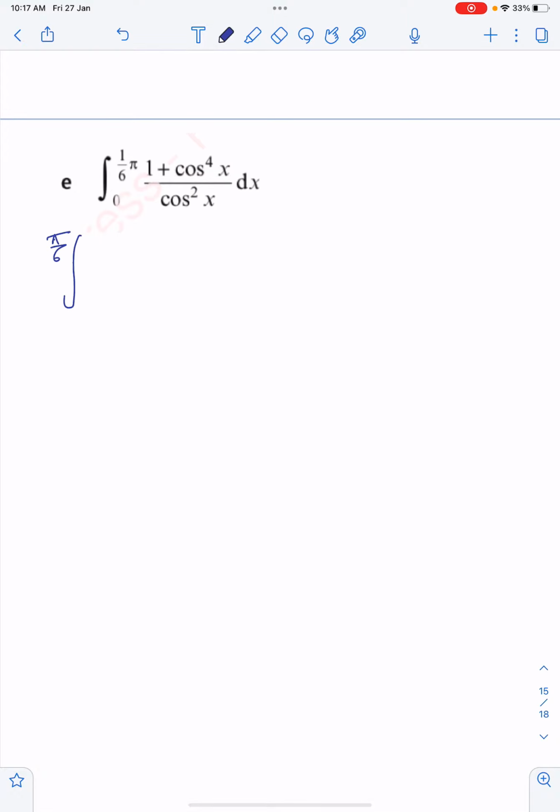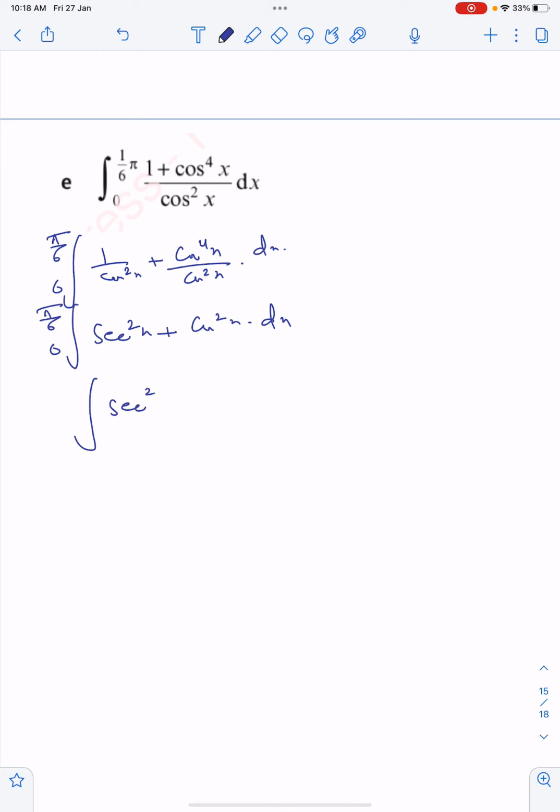It's pi by 6 and 0 here. 1 upon cos square x, I'm just writing it separately first, cos 4x upon cos square x dx. 1 upon cos square x is sec square x, and cos 4x upon cos square x will give me cos square x only, dx. Okay, pi by 6 and 0 here. Sec square x is easy to integrate, so I'm writing sec square x as it is. Cos square x, I'm writing as 1 plus cos of 2x divided by 2, dx.